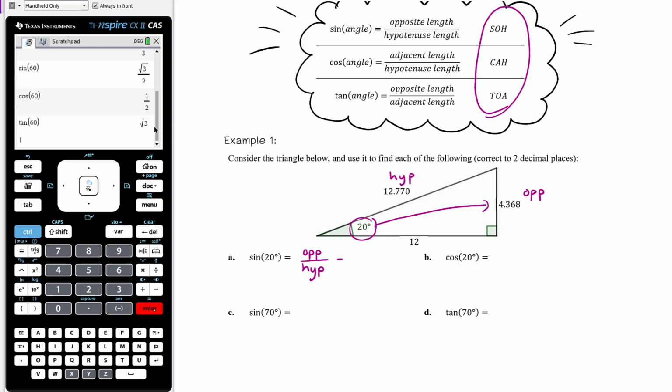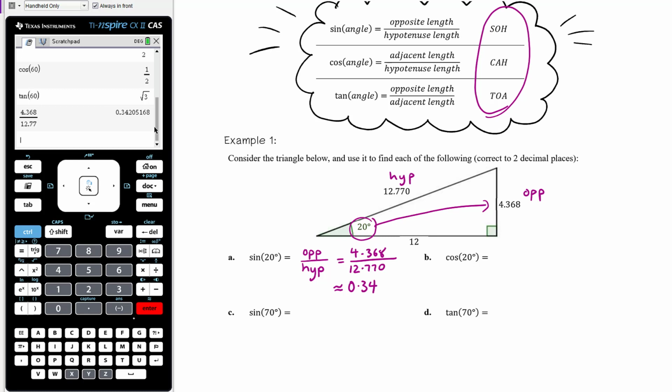So in this case opposite is 4.368, and we're going to divide that by the hypotenuse, which is 12.770, and so to two decimal places, 4.368 divided by 12.770 is about 0.34.